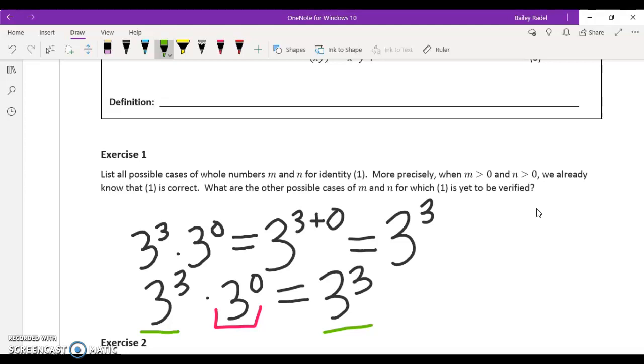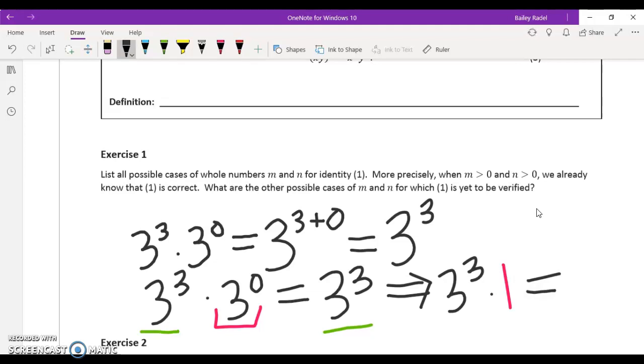So it makes sense that 3 to the 0 equals 1, because if we just erase the 3 to the 0 and make it 1, we know that 3 raised to the 3 times 1, anything times 1 is equal to itself.